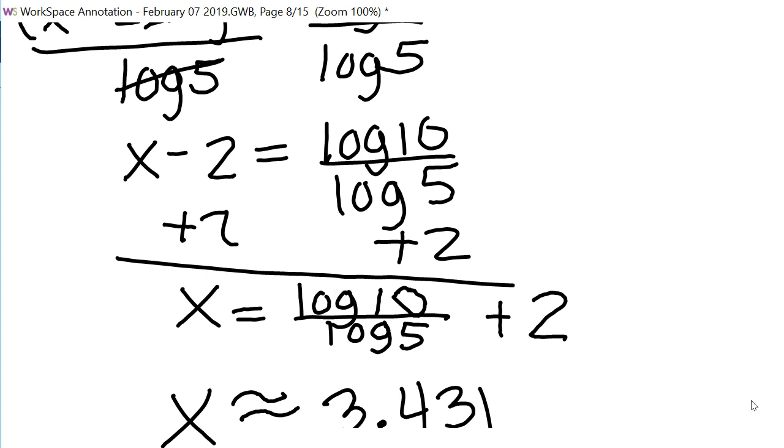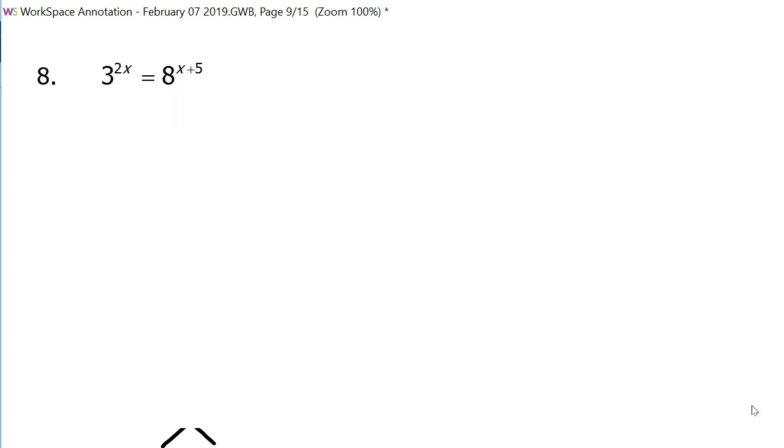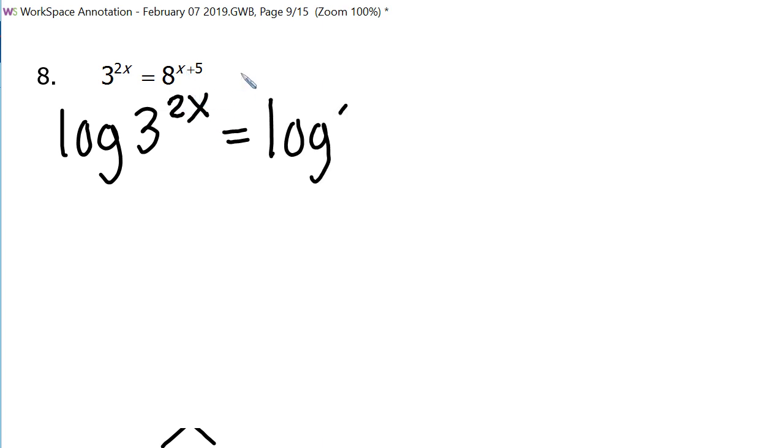Next example. Can I get a common base with a 3 and an 8? No. So step 1, log both sides. So log the left side and log the right side. Step 2, use the power property.